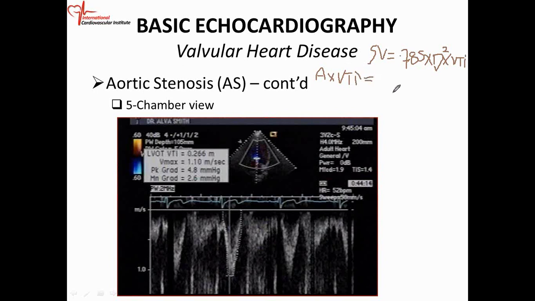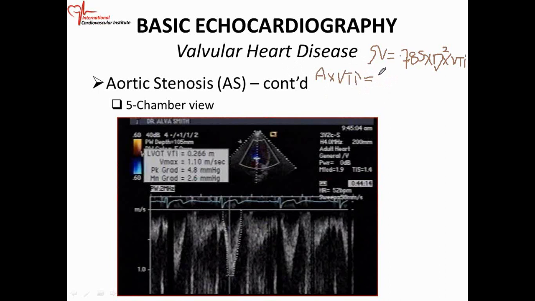Don't worry. All right, so the flow across the aortic valve, which is equal to the area times the VTI, is equal to the flow across the left ventricular outflow tract because there's no leak. So the flow going across the left ventricular outflow tract is going to equal the flow across the aortic valve.